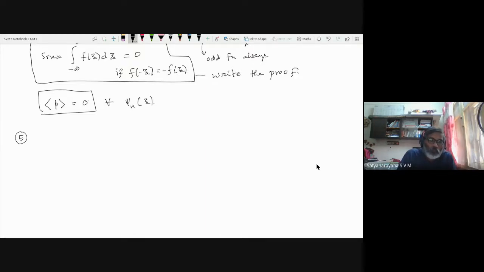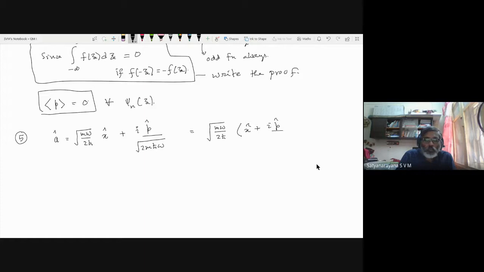So I think I have defined A as the square root of m omega by 2 h bar into the operator x plus i p operator by m omega, that is, square root of m omega by 2 h bar pulled out, into x plus ip divided by m omega.